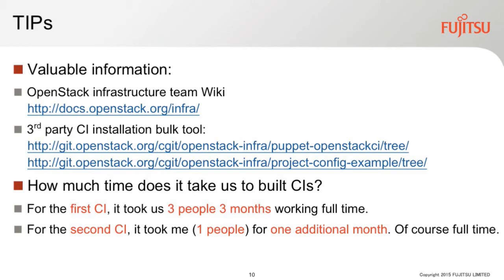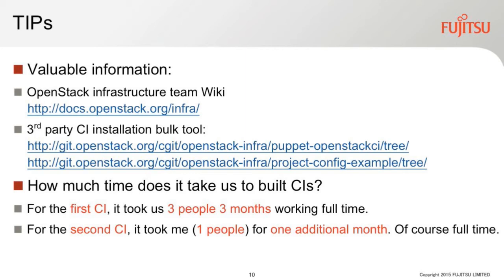And about the time we used to build CIs. At the beginning, I said that we built 2 CIs. For the first one, it took us 3 people 3 months, so 9 person-months. And for the second one, it took me just 1 additional month.